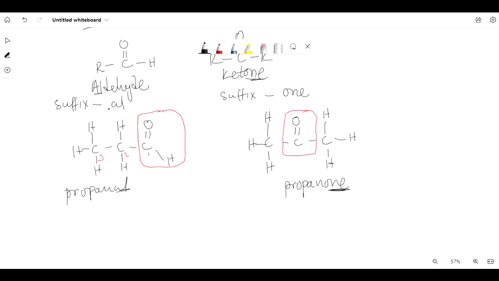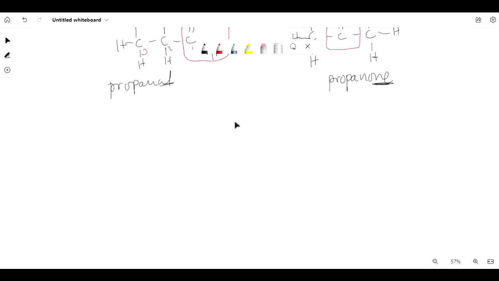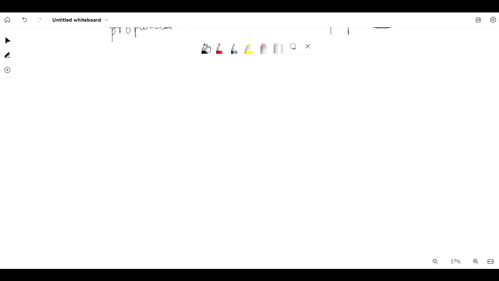Now why do I introduce aldehydes and ketones at the same time? Well, it's because aldehydes and ketones are isomers.